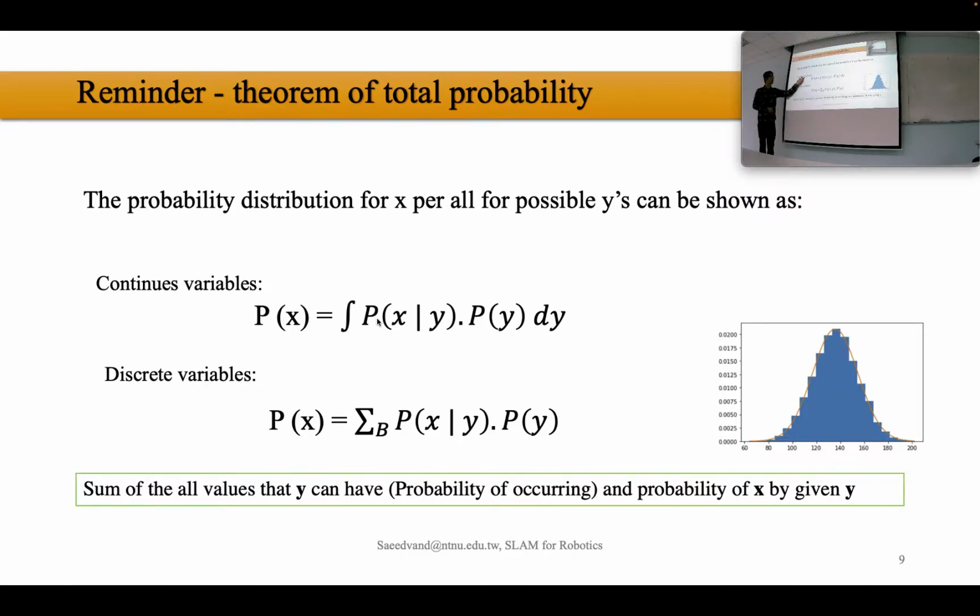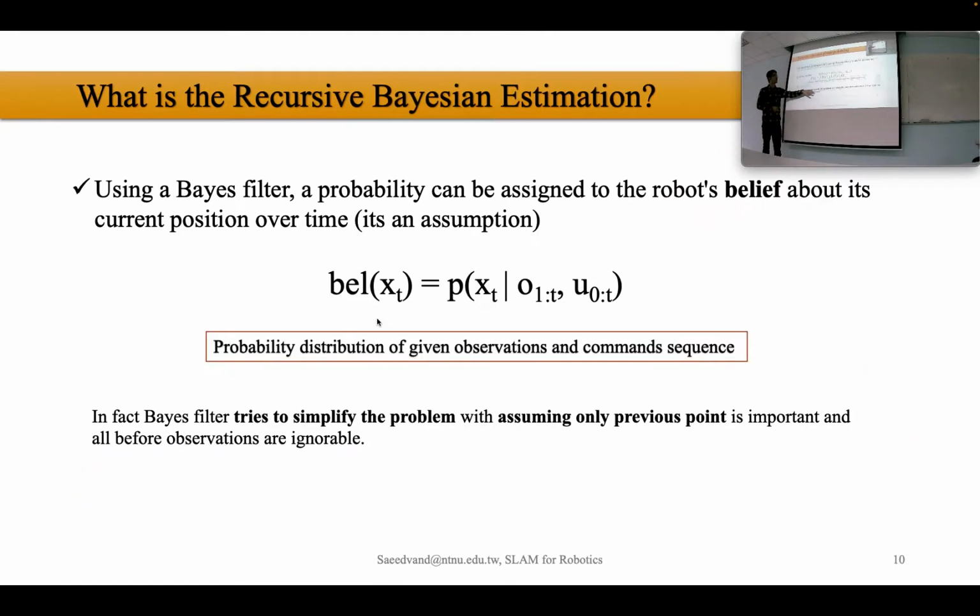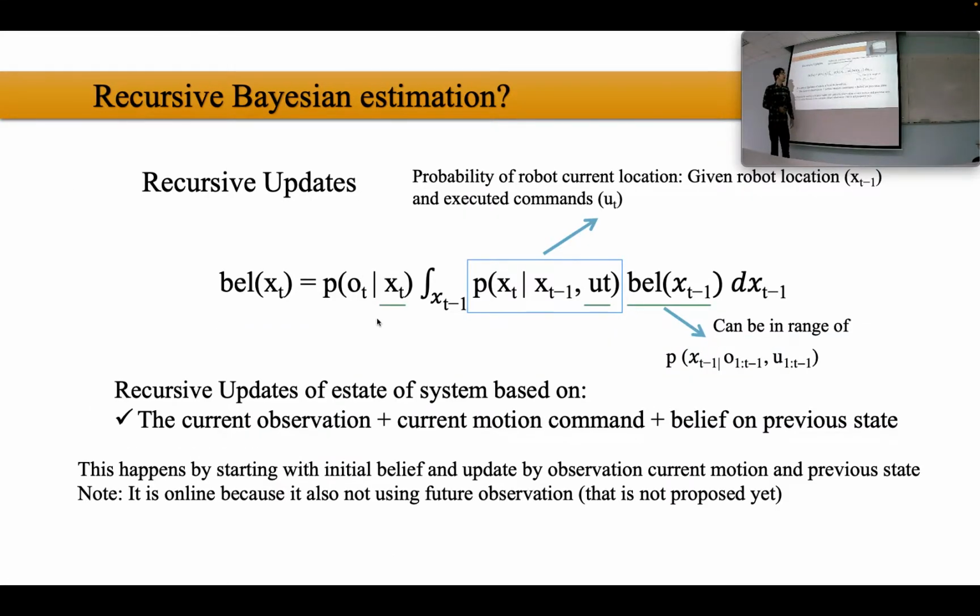We have a set of observation vectors and command vectors, and later we went through two important steps. For the continuous variables, we first saw how we can calculate the total probability. Then we talked about the belief, where the robot believes it is, over all the states during the time, the observations plus the control commands.